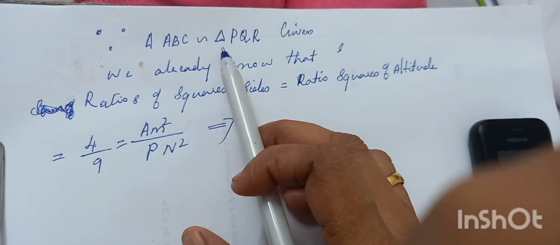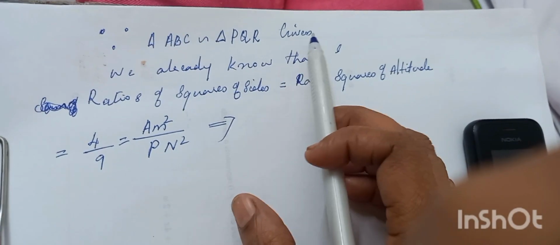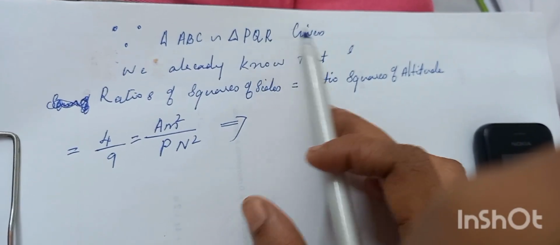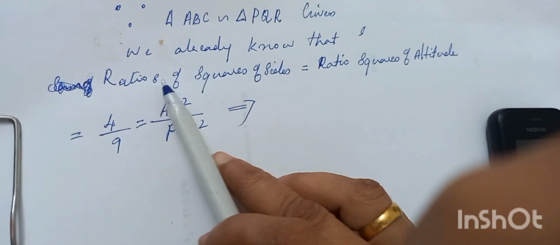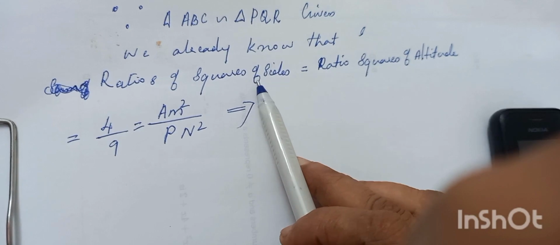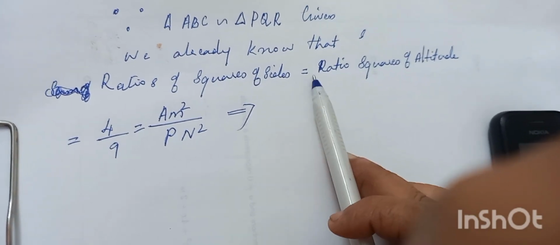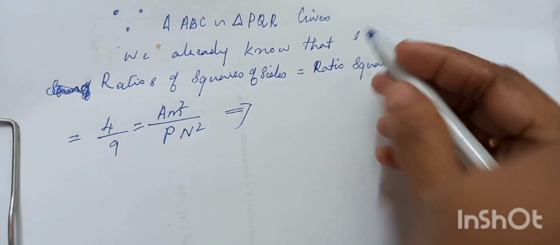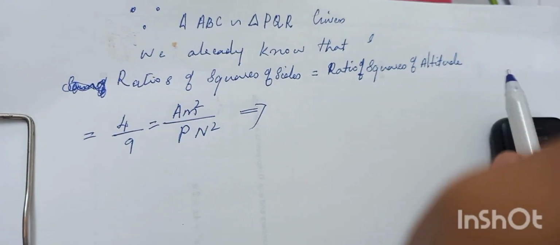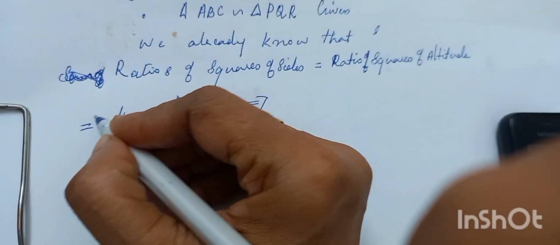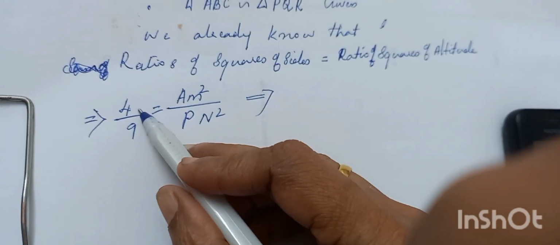Since triangle ABC is similar to triangle PQR, this is already given. We already know that ratio of the squares of sides is equal to ratio of squares of altitude, which implies 4 by 9.